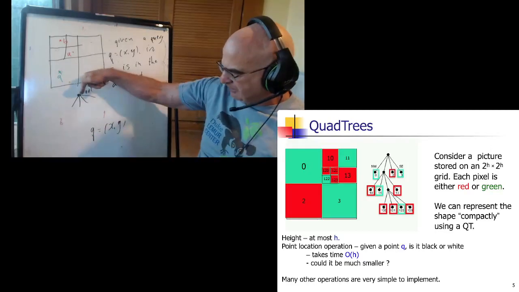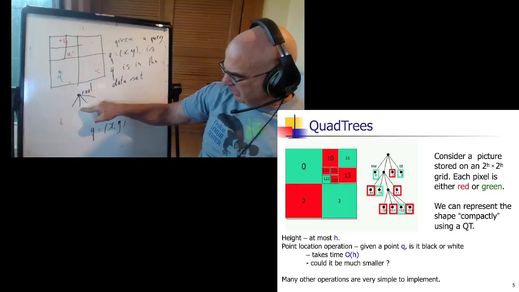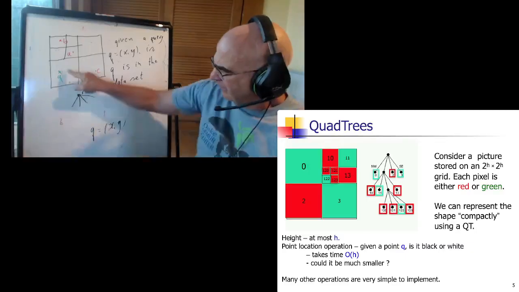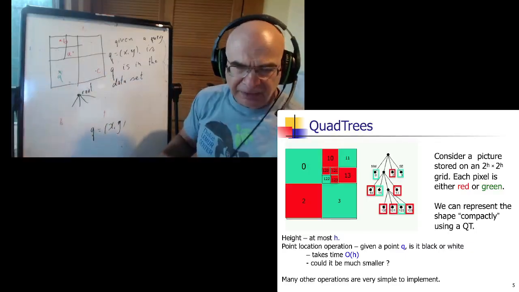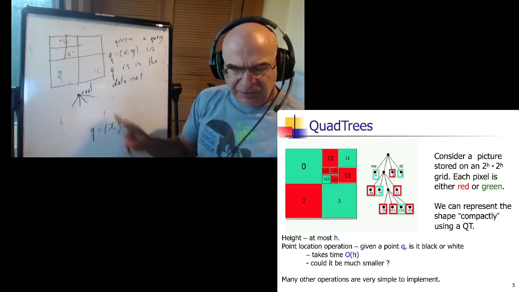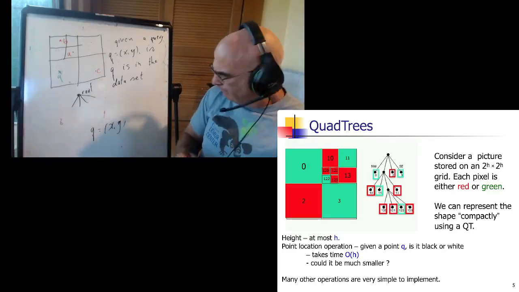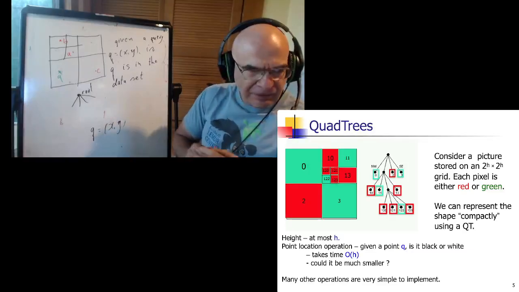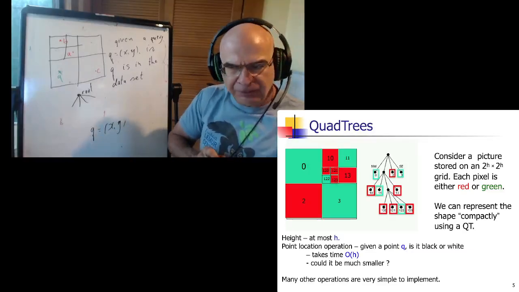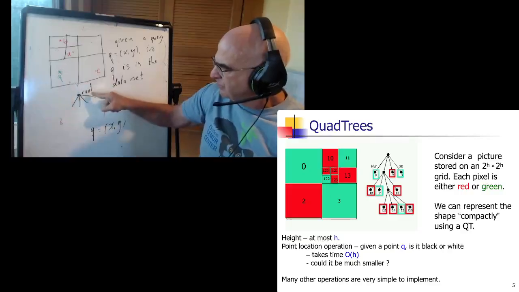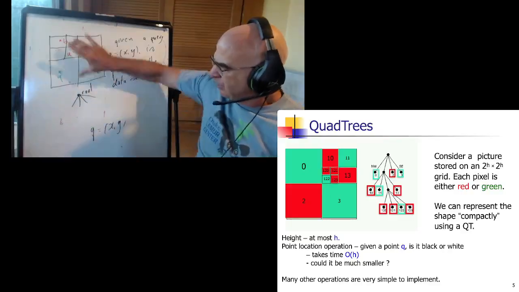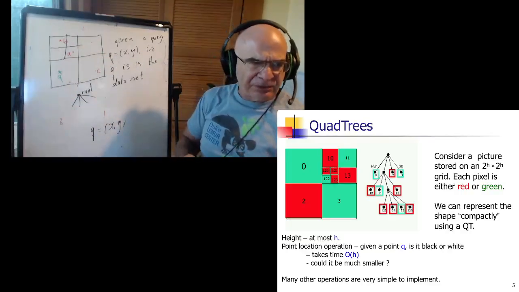What are our next steps? Check each one of the 4 children and figure out which one of them contains Q. And we'll go back to how I check which one of these children contains Q. There is a very quick and elegant way to check, but to start with, you know for every child what region is associated with it.